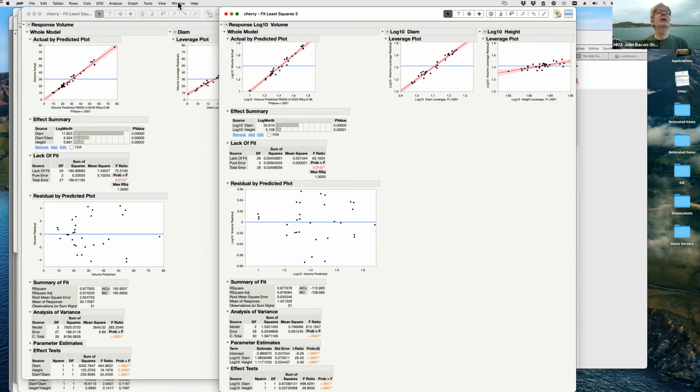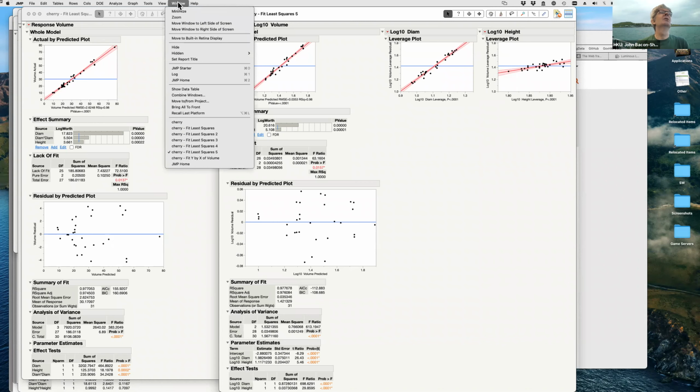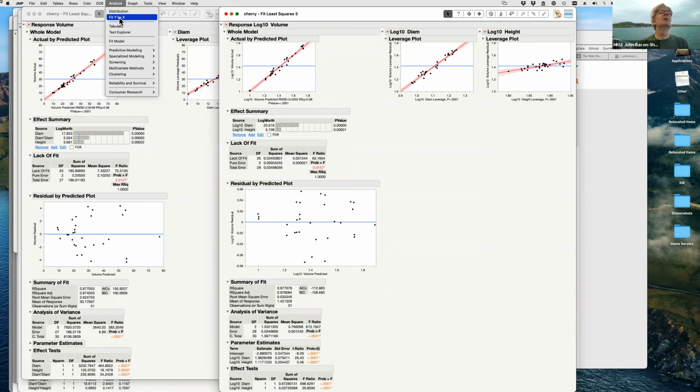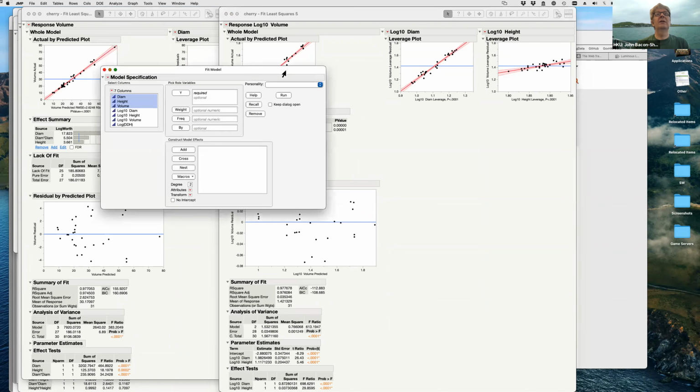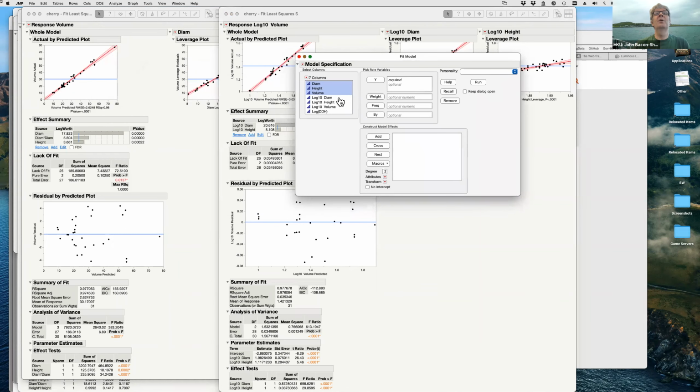So indeed, we can even try a simpler model. So let's still use fit model to be comparable. So you'll see I have this extra term log of DDH. That just means log of diameter times height. So I'm going to use that as my covariate for predicting log of volume.